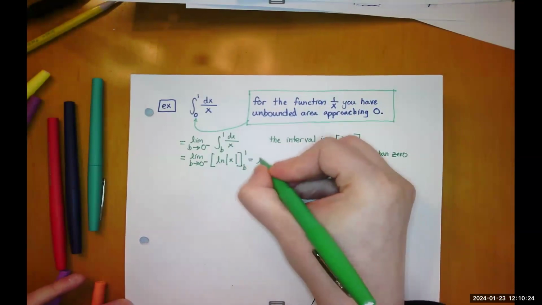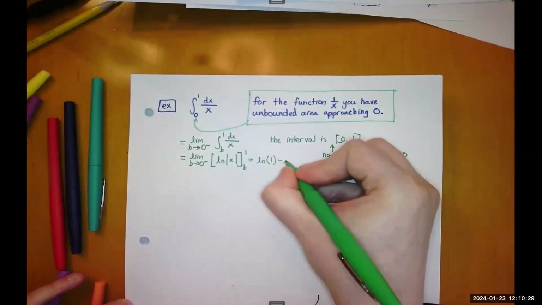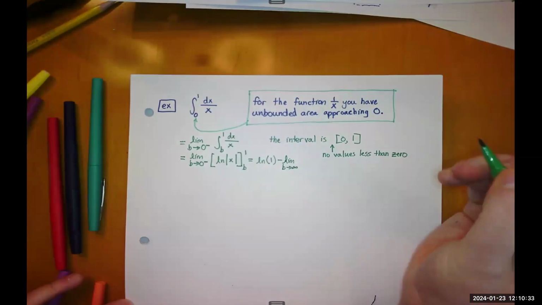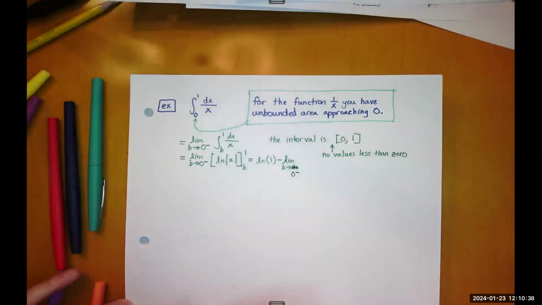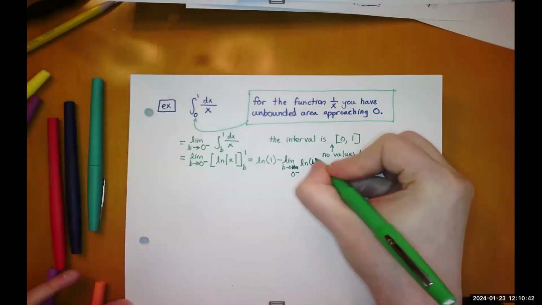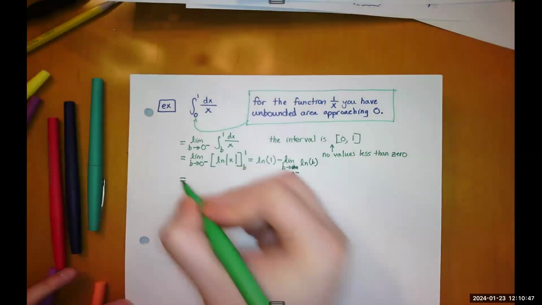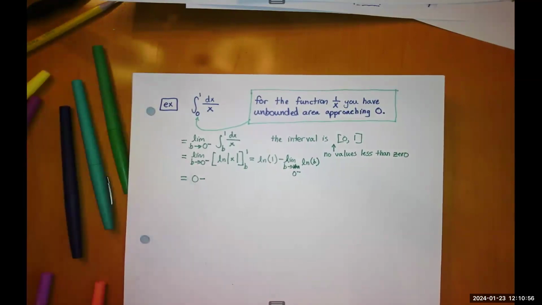So what we're looking at is the natural log of 1, because the absolute value of 1 is 1, minus the limit as b approaches, I'm sorry, not infinity, my mistake, 0 from the left, of the natural log of b. Knowing our log properties or values, the natural log of 1 is 0, and now we arrive at a particularly difficult consideration.